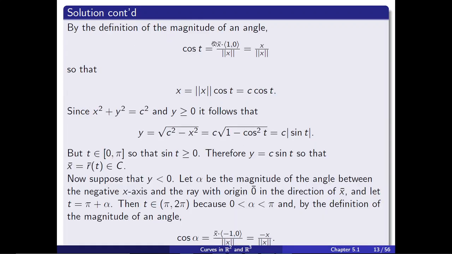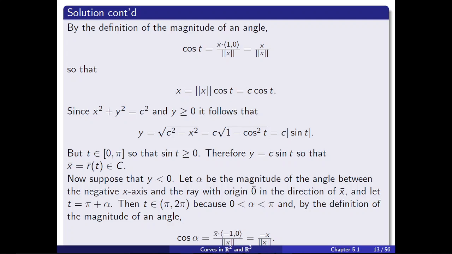So by the definition of the magnitude of an angle, cos t is equal to, we know that is the dot product over the norm of x, which is just that. And if we rewrite it, we can see that x is just equal to c cos t, right?